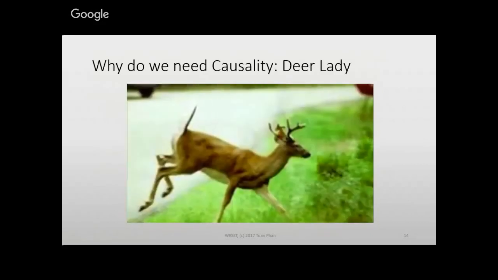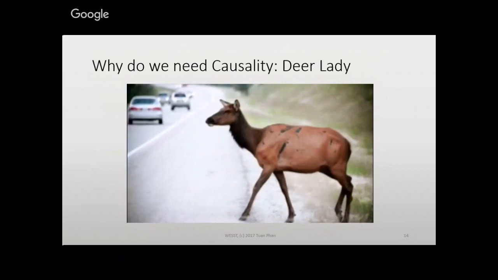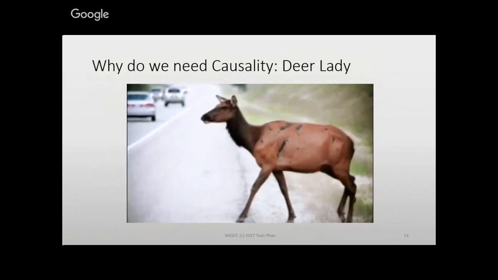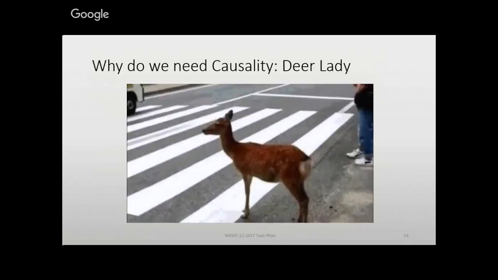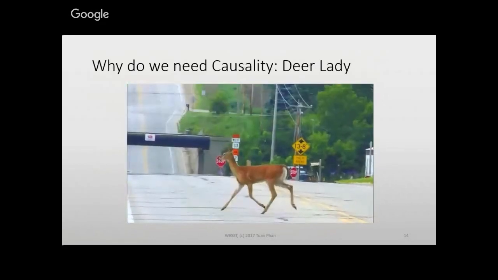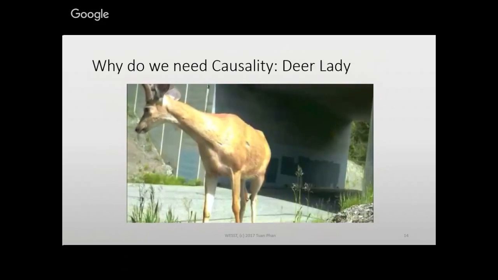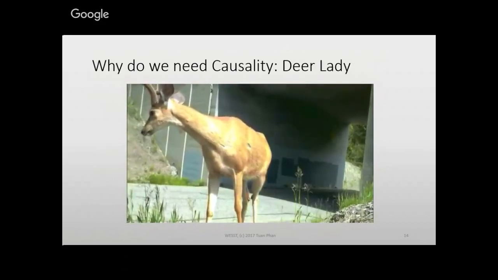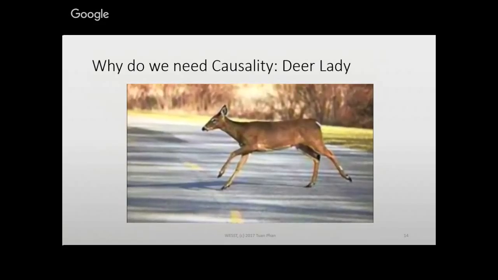Why are we encouraging deer to cross the interstate? I don't get it. It's a high traffic area. I understand that deer are wild animals. They need to travel across the streets occasionally to survive, to find food, but it seems so irresponsible of us to allow these deer crossings in areas where deer are so likely to be struck by oncoming traffic. Wouldn't you agree?